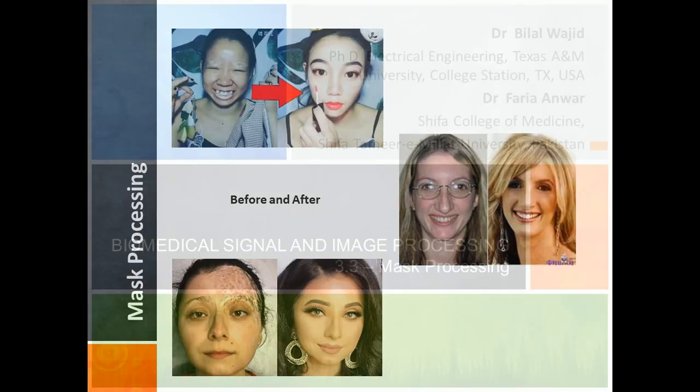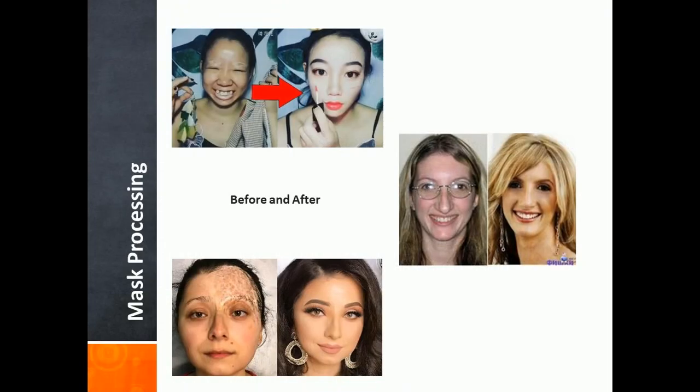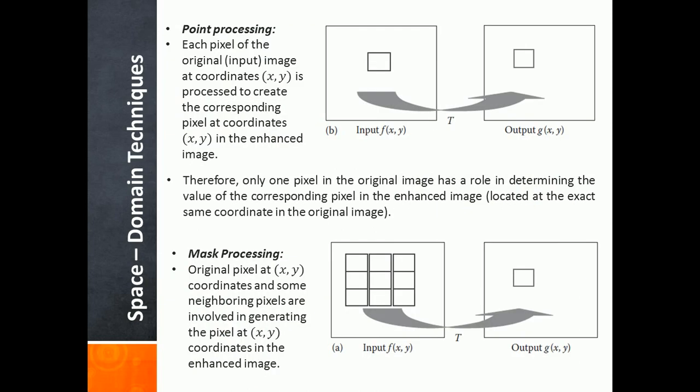Now, mask processing changes the image completely. I mean, you have a different individual before, and after they've put on the mask, it's a completely different individual. So, in the mask, the important thing is, and this was discussed in the last lecture as well, in point processing the original point is responsible exclusively for the output point.